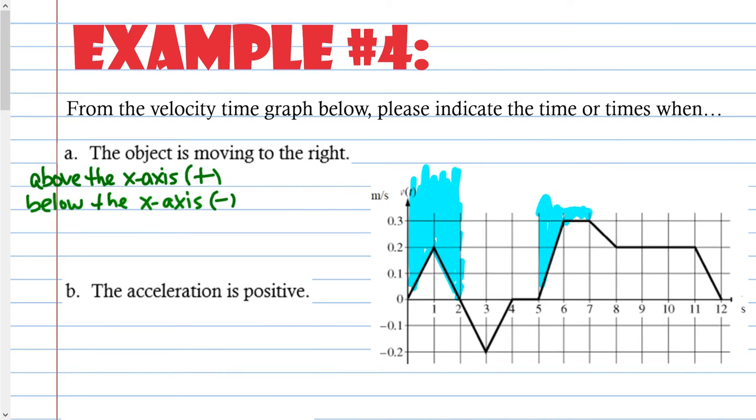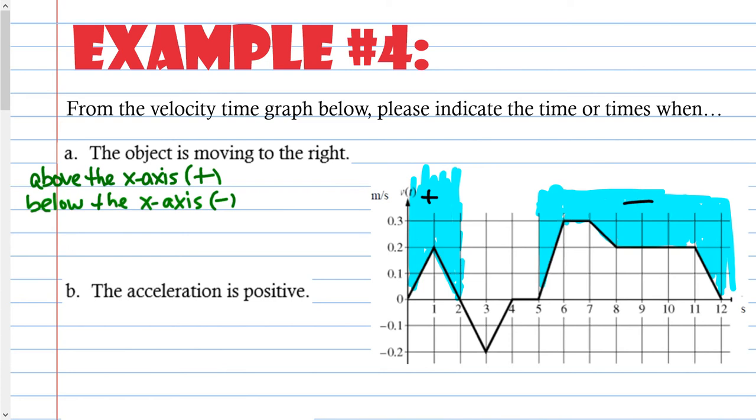All of this. I'm only highlighting it to, I guess to use the word to highlight what is positive, to give you an idea, an understanding. So from, let's see, from 1 to 2, and then from 5 to 12. It's above the x-axis, therefore it is positive. So velocity is positive for all of that.